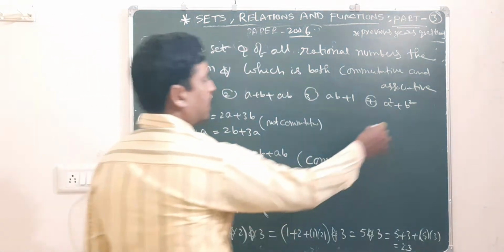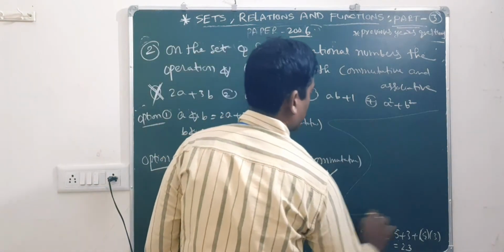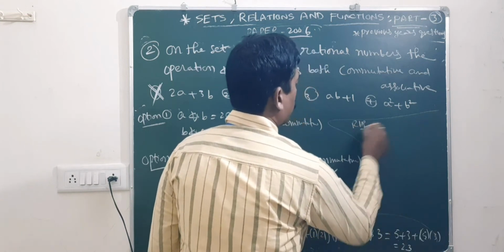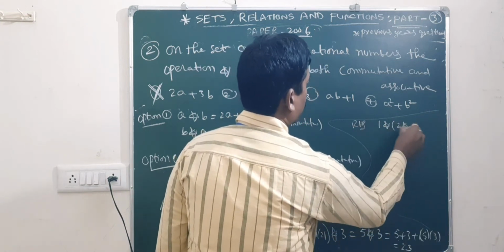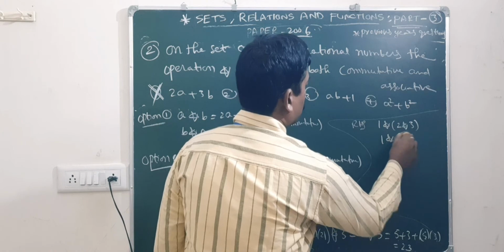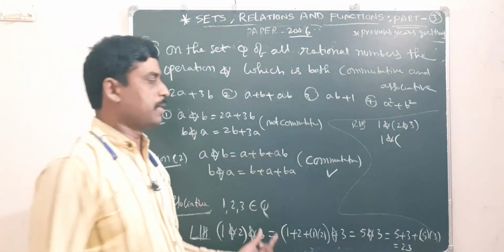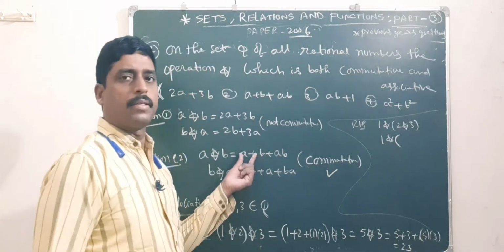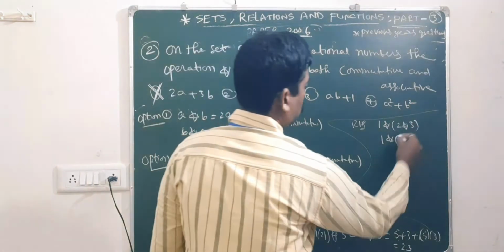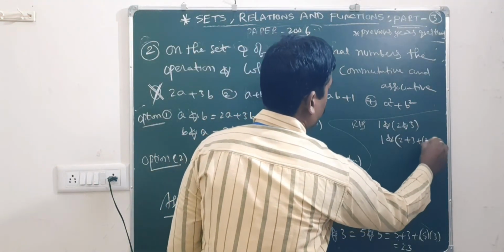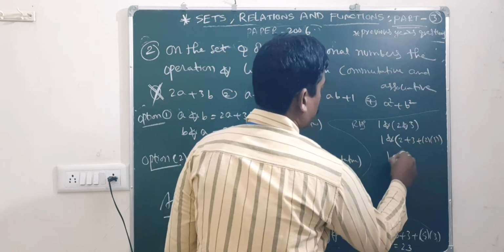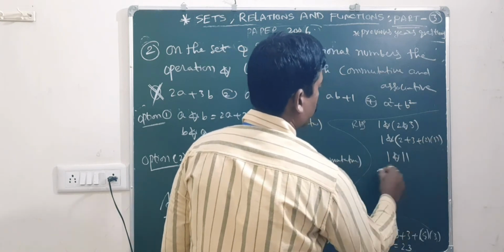Now the right side value: 1 star (2 star 3). Already a star b is defined by a plus b plus ab. So 2 star 3 is 2 plus 3 plus 2 into 3, which is 11. So this will be 1 star 11.